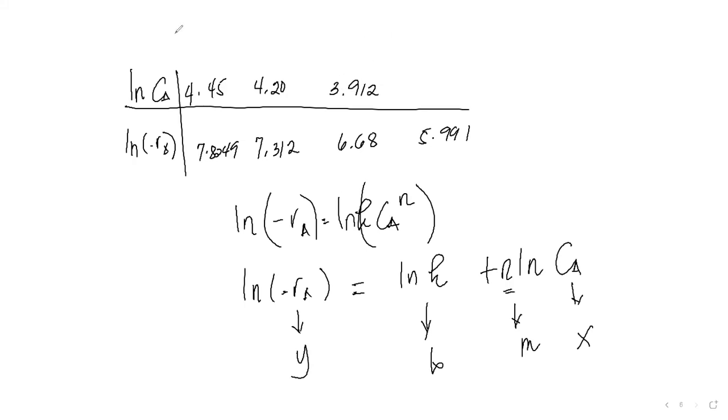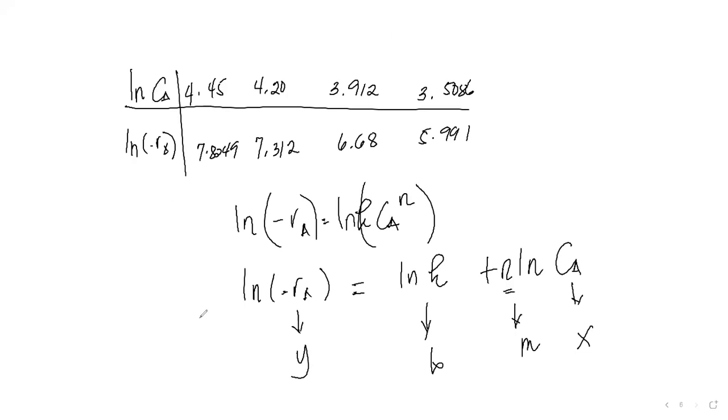LNCA, fourth, is 3.5086. So here we go. We're complete. So we have the values of the LNs of the two.